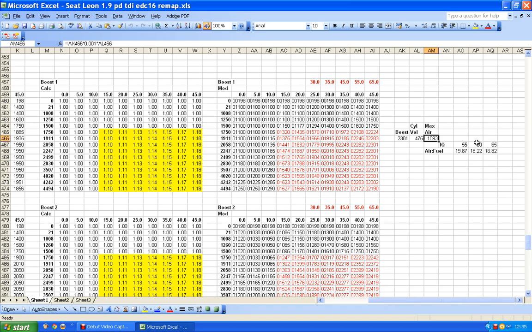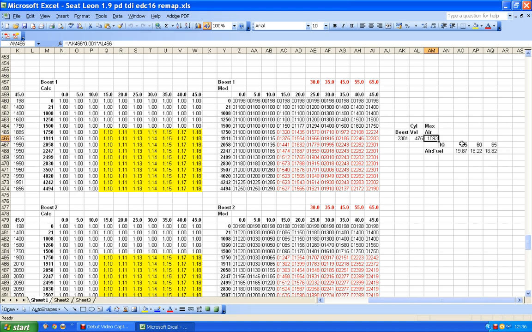If I inject 60, it drops to 18.22, so still a perfectly okay figure. I often use 18 or 18.1, so 18.22 is perfectly okay. If I use 65, it drops to 16.82, and many tuners use 16 or somewhere in the region of 16 when they're mapping, so this sort of number again would be a perfectly acceptable air fuel ratio.